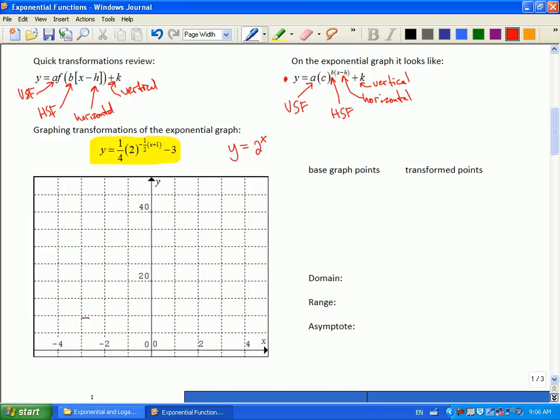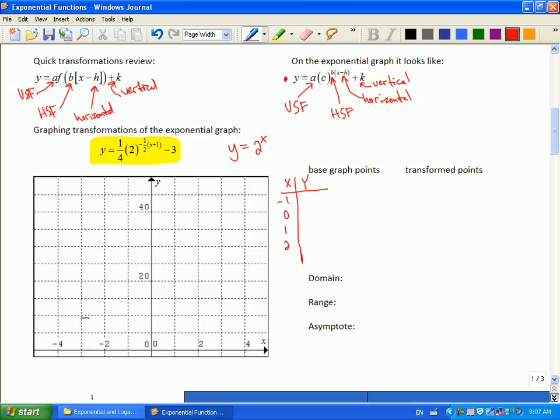If I really wanted to work this through with transformations, I can just pick some key points. If we know the basic shape, 3 or 4 points is going to get us enough information to graph this. Let's try maybe -1, 0, 1, 2. And remember, right now I'm forgetting that I have this monster graph.